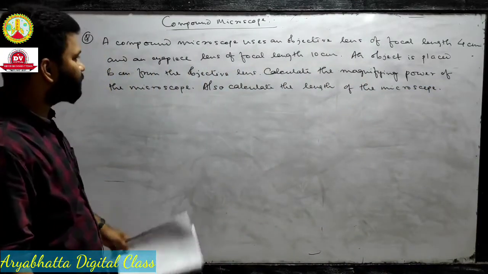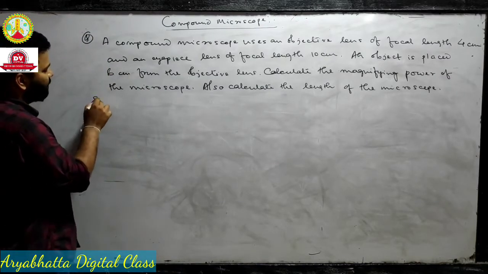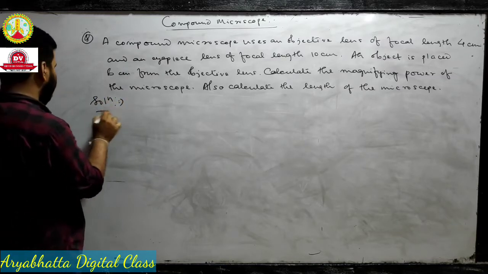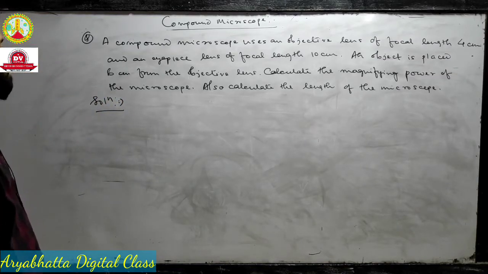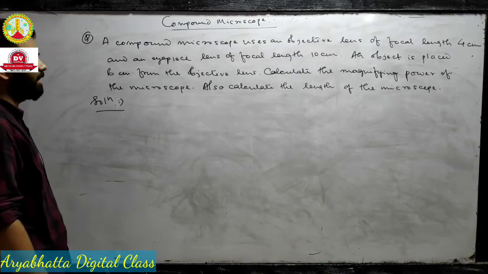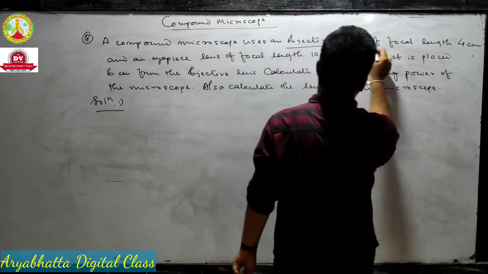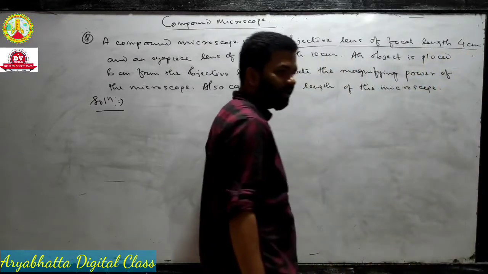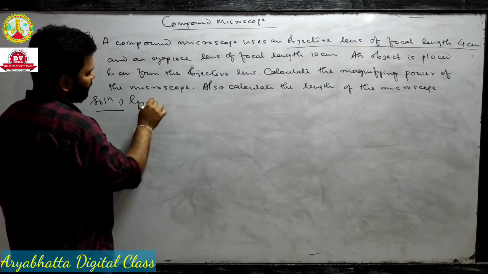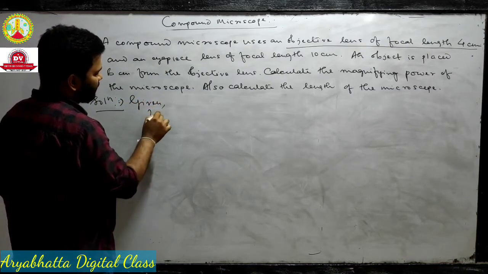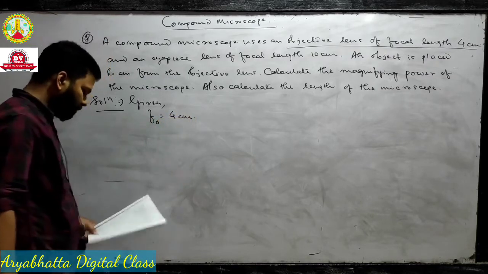Okay, so you are given some data. First try to write what data is given. A compound microscope uses an objective lens of focal length 4 centimeter. So given FO, the focal length of the objective lens, is equal to 4 centimeter.